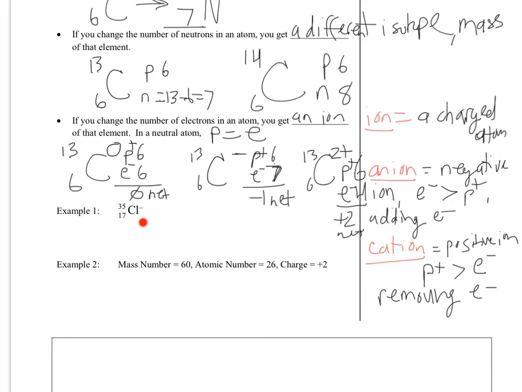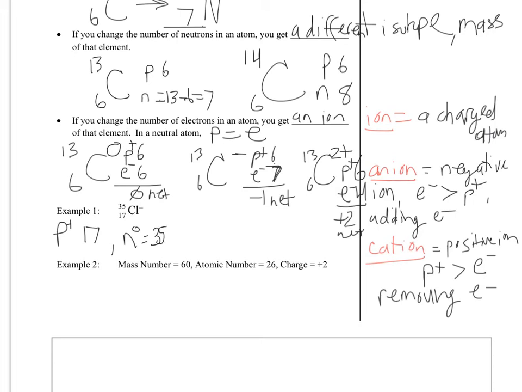This one right here, what they want us to do is tell how many protons, neutrons, and electrons. So the protons are the atomic number. That's down here. So there are 17 protons. The neutrons come from the mass. So the mass is 35, and 17 of them are protons, and so the rest of them are neutrons.